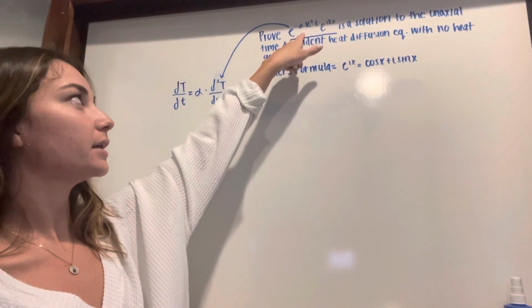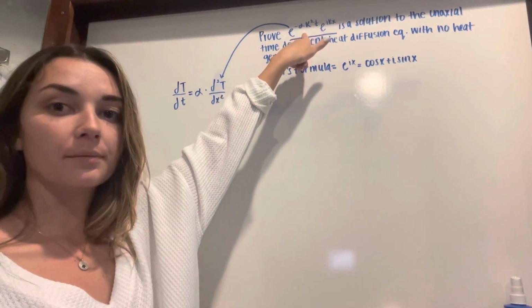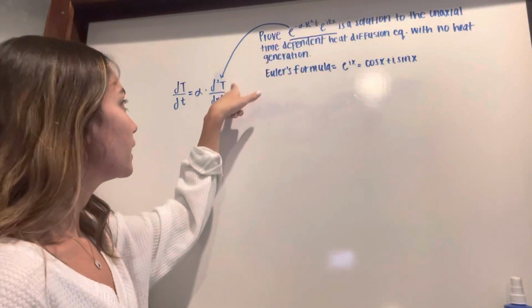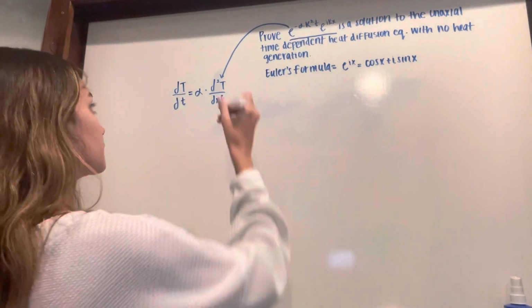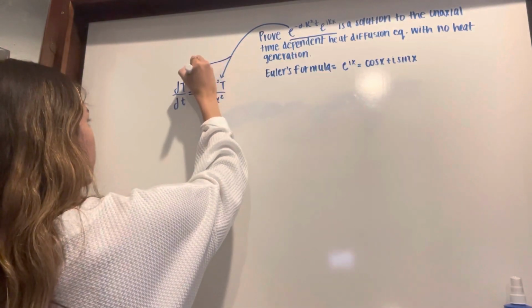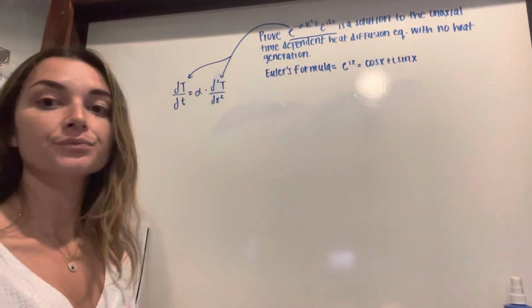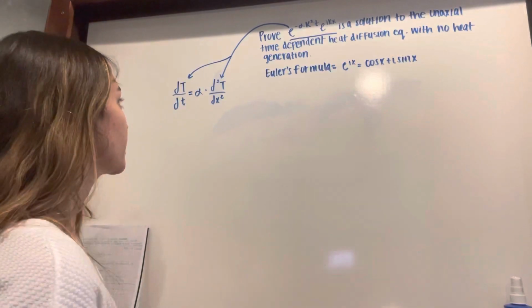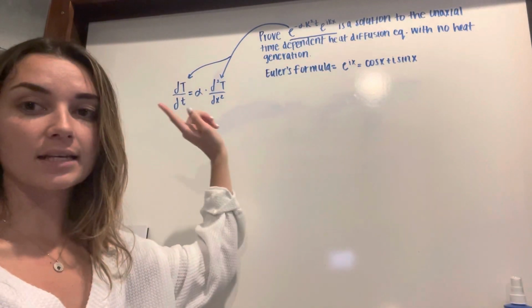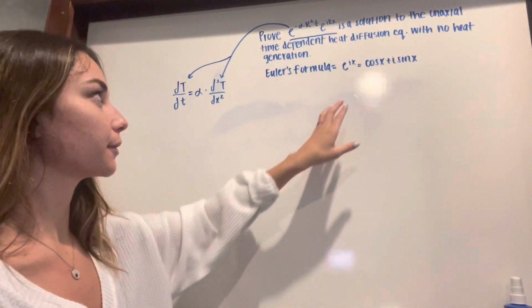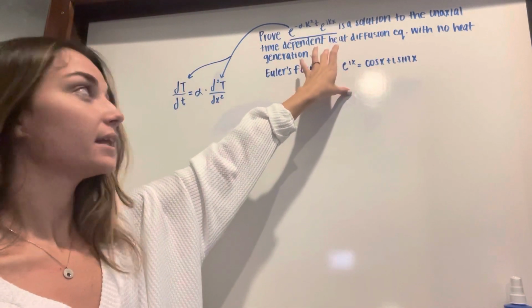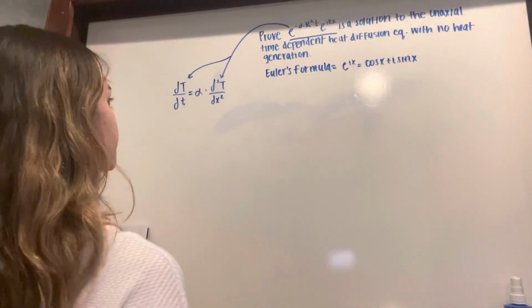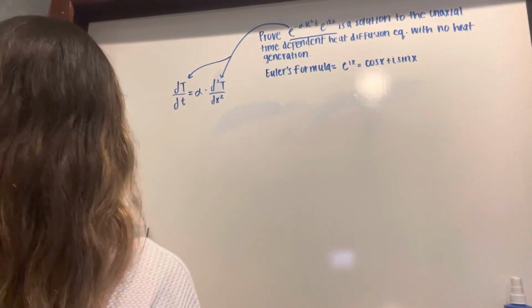We want to plug in this expression we were given for our temperature into our partial differential equation, then take the derivatives of the left-hand side and the right-hand side, and that is how we'll prove that this is a solution to our heat diffusion equation.